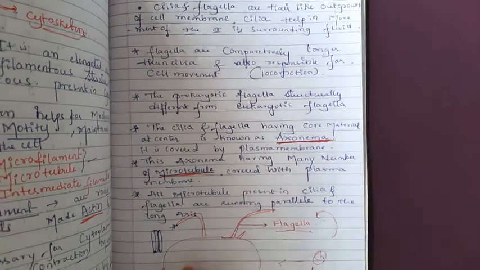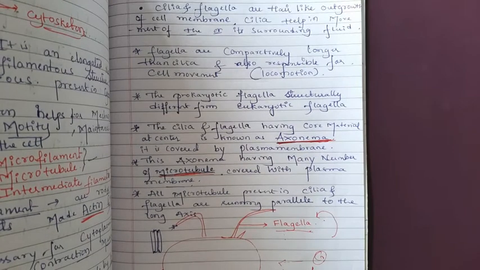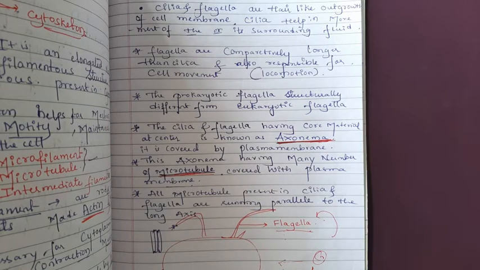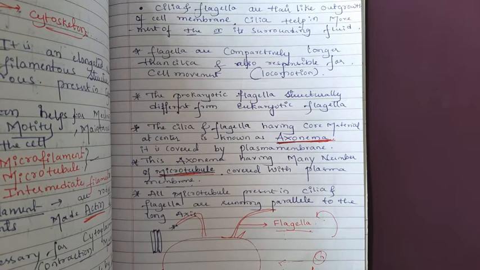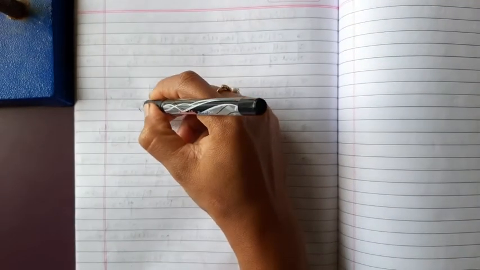Now I will explain the internal structure of cilia and flagella. Cilia and flagella both have the same internal anatomy. That's why I will explain the diagram first, then I will write the points. First we have to draw one circle.